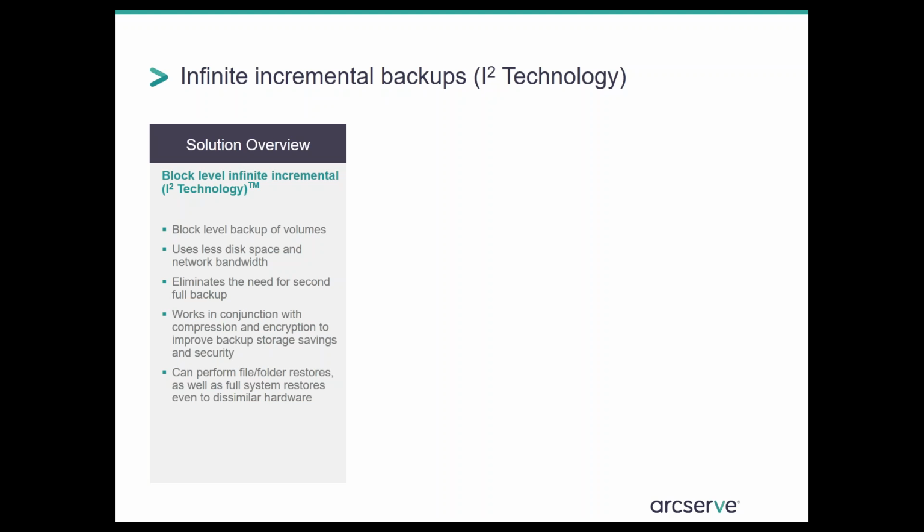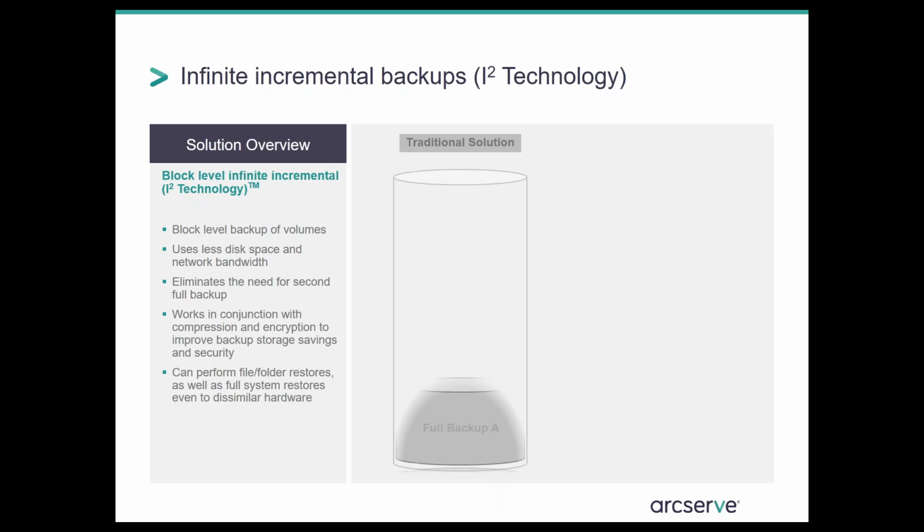So let's take a closer look at how the traditional backup and the infinite incremental backup differ. If you have a traditional backup, the first backup will be full. This might be on a Friday so that you have the time over the weekend to perform the full backup on the system.